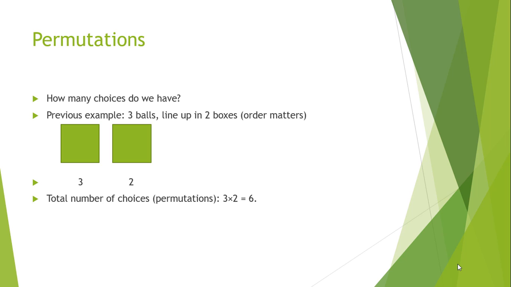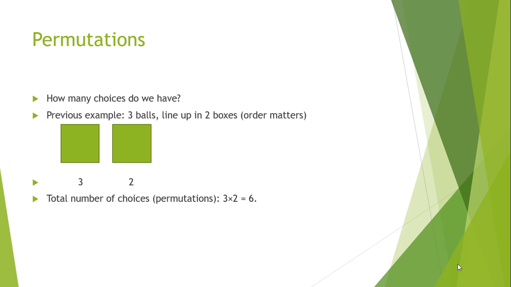And the next step is looking at the second box. When we're looking at the second box, keep in mind that the first box is chosen. So once we have already chosen 1 from the 3 balls, we have 2 balls left. So whatever we chose for the first box, we have 2 possibilities left for the second box.